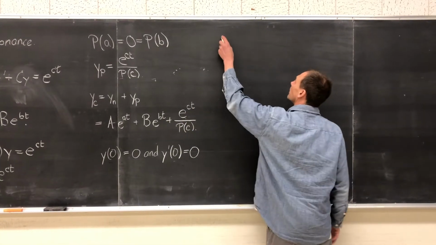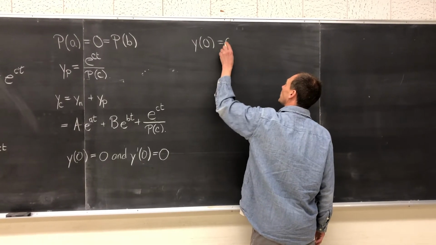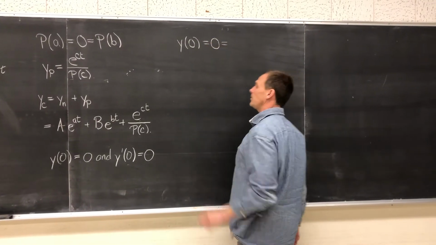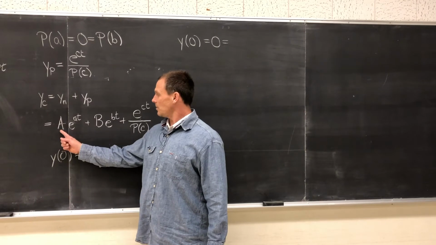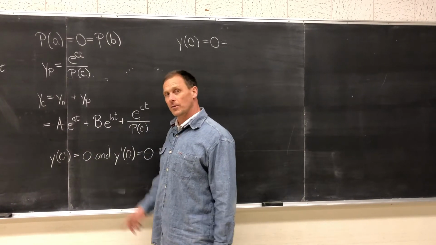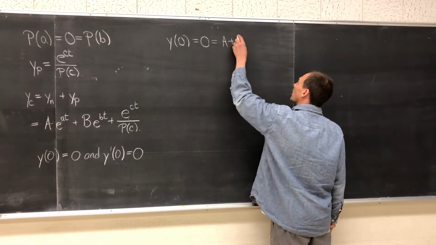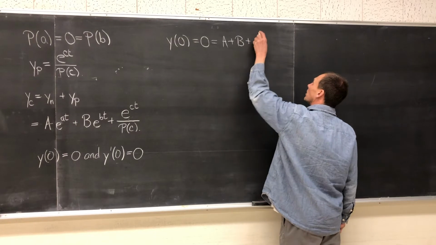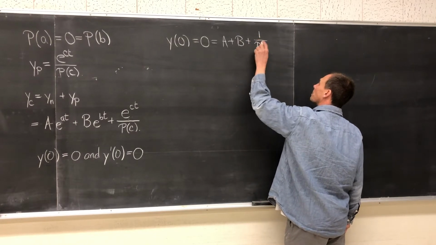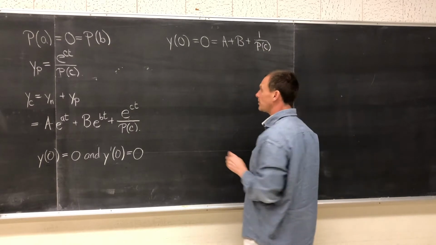If I do that, y of 0, which is equal to 0, is equal to A plus B plus 1 over p of c.